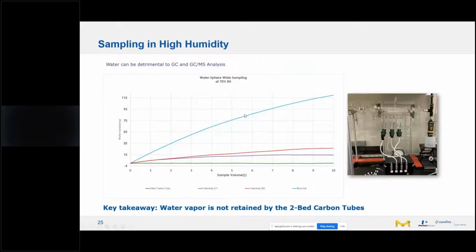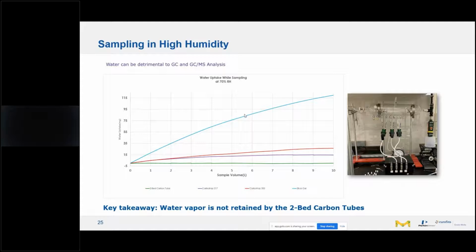Humidity is a factor, especially if we're sampling in a humid environment like Houston, Texas in July. So why is humidity a concern? Well, moisture takes space on the tube if it's going to be retained.